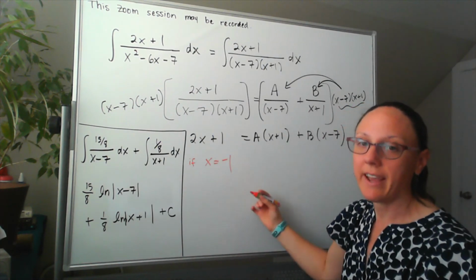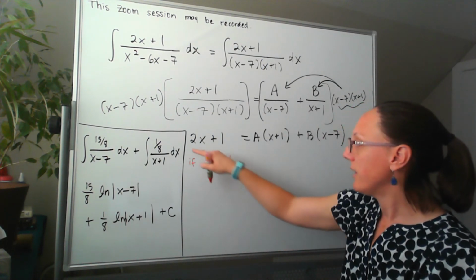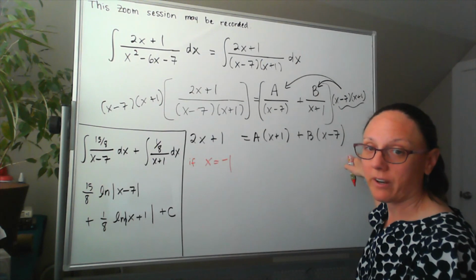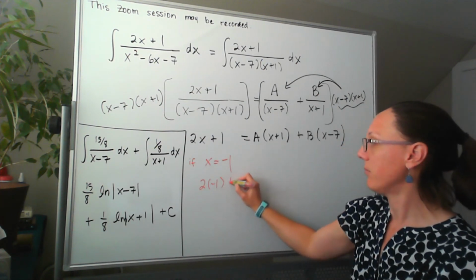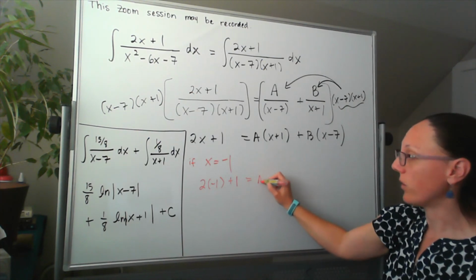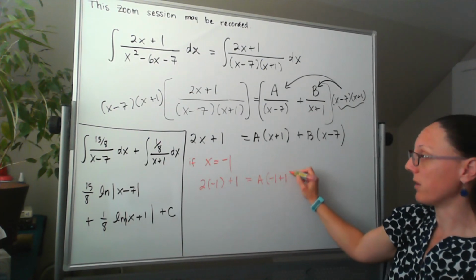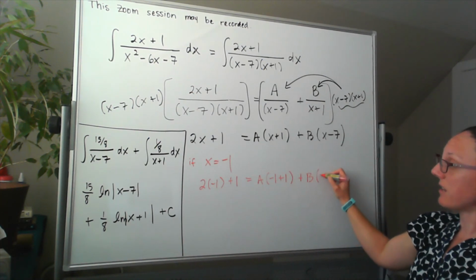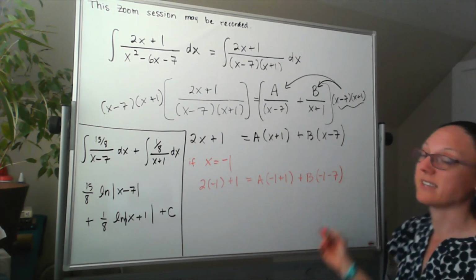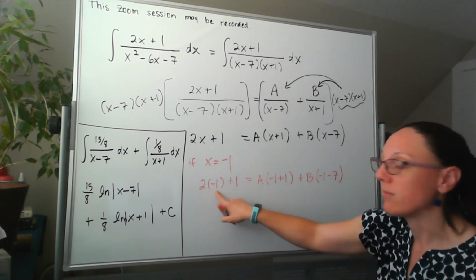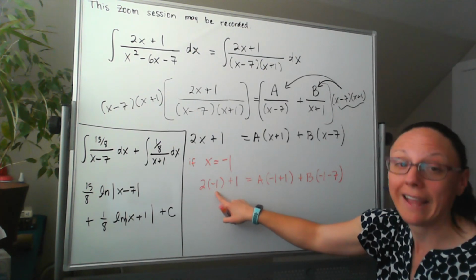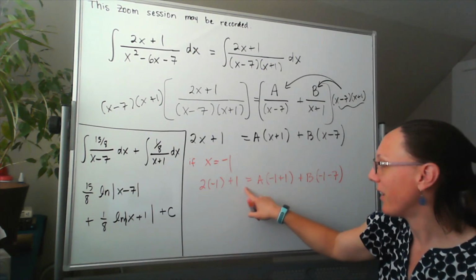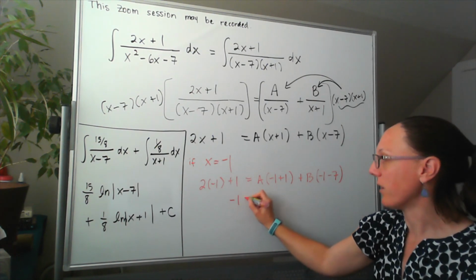So if I plug in x equals -1, I'm going to plug that in everywhere in the equation and get 2 times -1 plus 1 is equal to a times -1 plus 1 plus b times -1 minus 7. 2 times -1, sorry, I'm at -2 plus 1 overall would be -1.